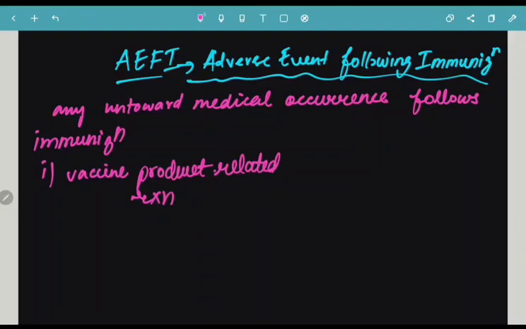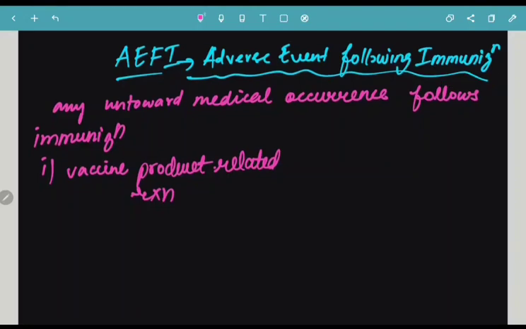Any adverse event following immunization that is caused or precipitated by a vaccine due to one or more of the inherent properties of the vaccine product is known as vaccine product related reaction.